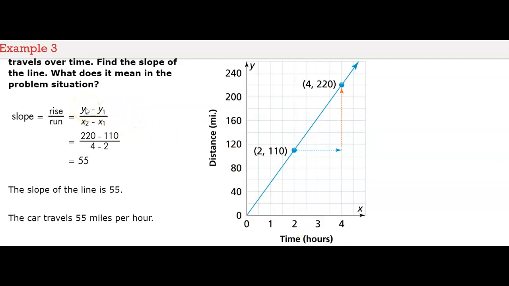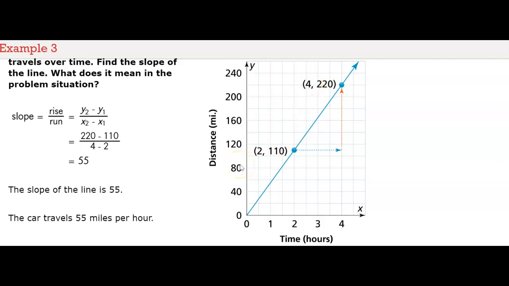We have an equation for finding the slope, which is y2 minus y1 over x2 minus x1. So those are your coordinates. In this case, you have (2, 110) and (4, 220). Your 2 is your x value and your 4 is also your x value. So this will be your x1. This will be your x2.